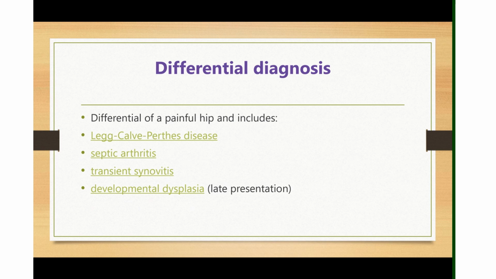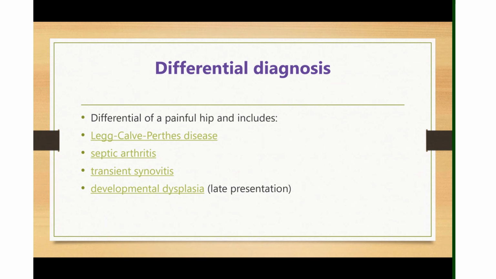So differential diagnosis: if it's a classical case which shows the classical findings we described before, it's easy to diagnose. But sometimes in the early stages, the only symptom might be a painful hip, and on X-ray we may not see anything.